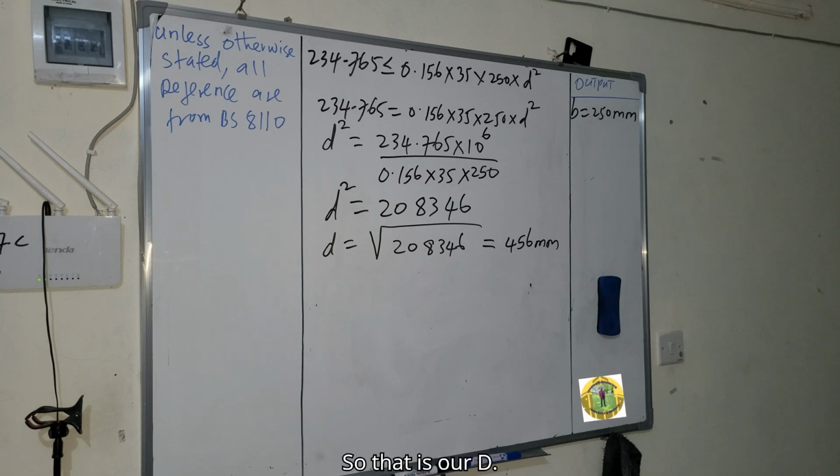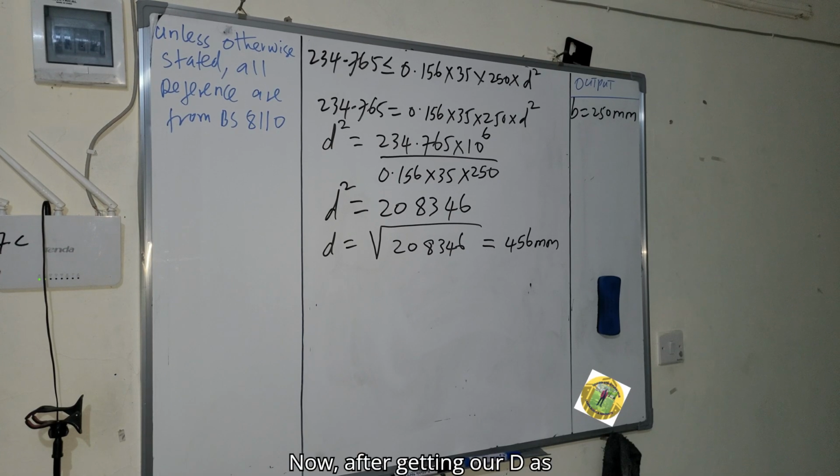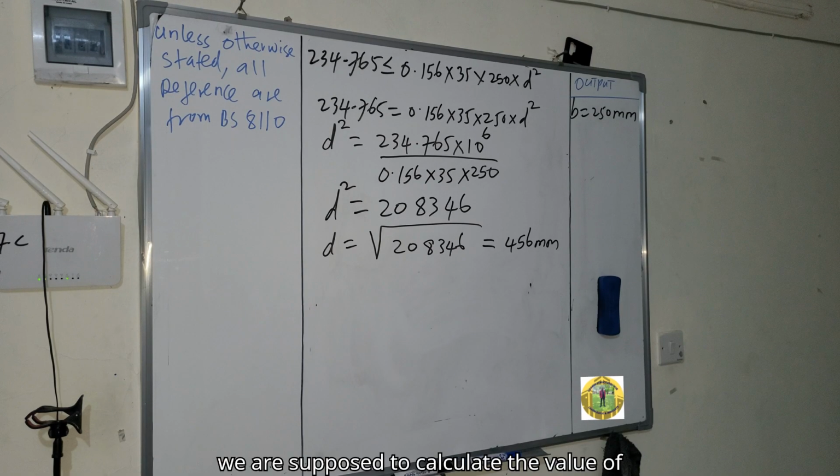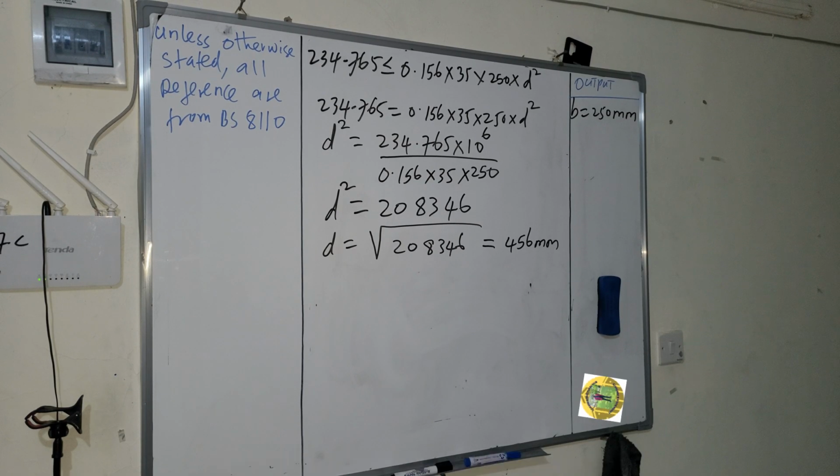So that is our d. Now, after getting our d as 456, we are supposed to calculate the value of h.